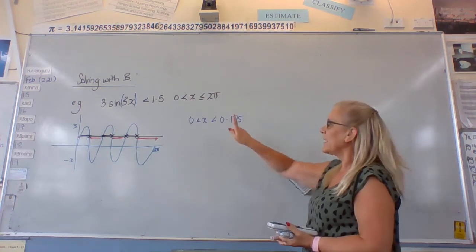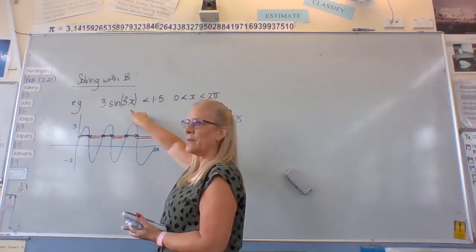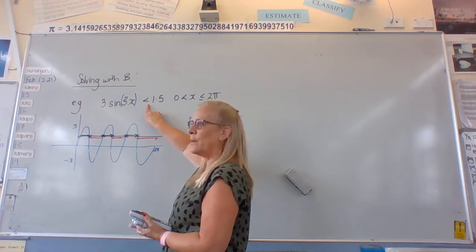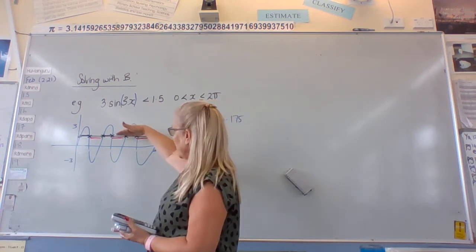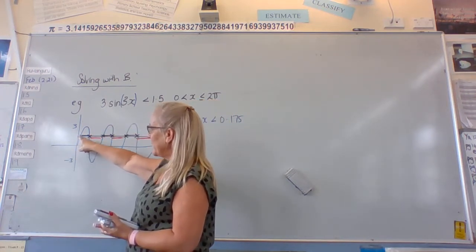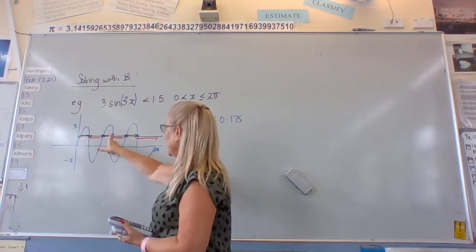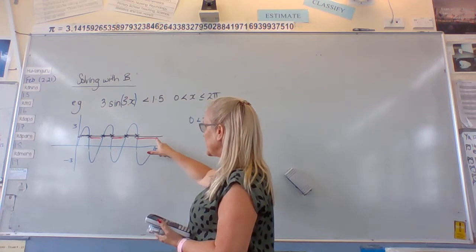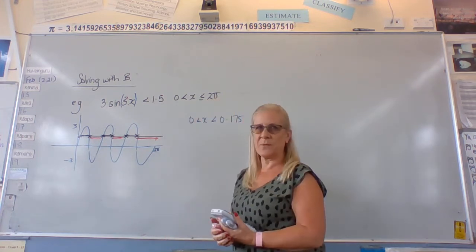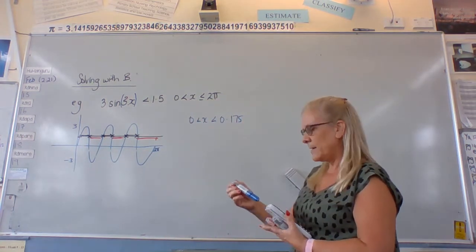All right. When is this graph less than 1.5? There's 1.5. It's less than 1.5. Right, it's less than 1.5 here, here, here, and here, up to 2 pi, because that's where it stops. Okay? Got it.